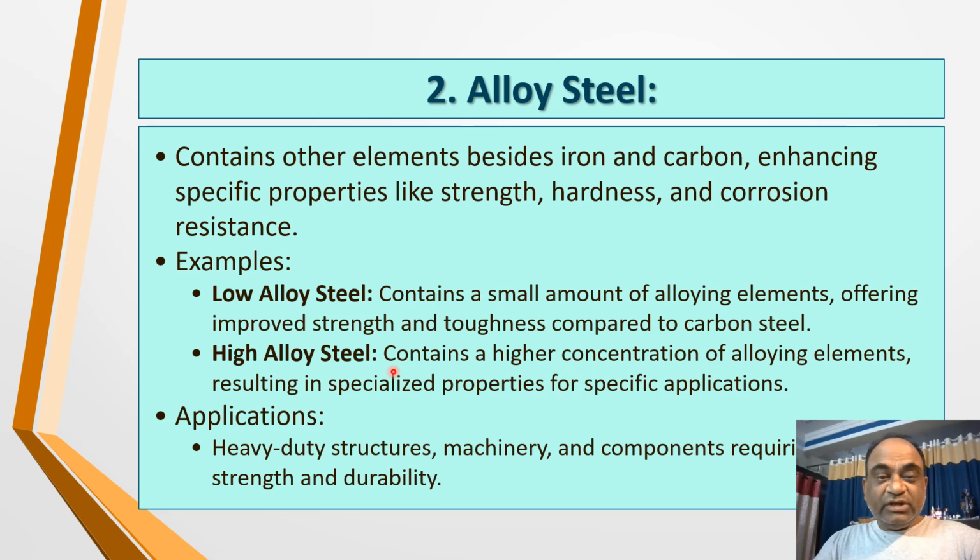High alloy steel contains a higher concentration of alloying elements, resulting in specialized properties for specific applications. The applications of such steel are heavy duty structures, machinery, and components requiring higher strength and durability.